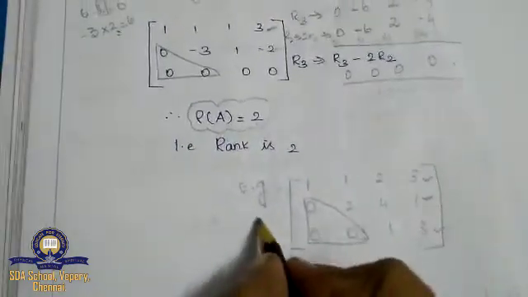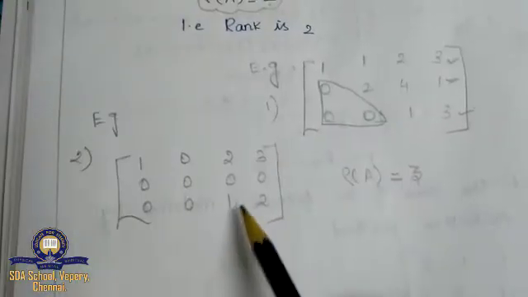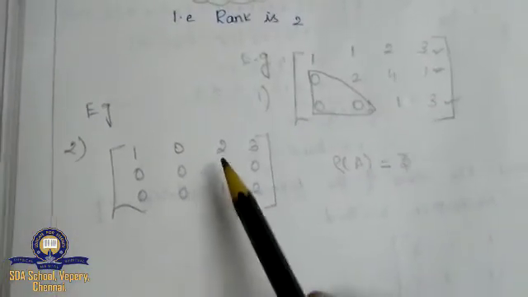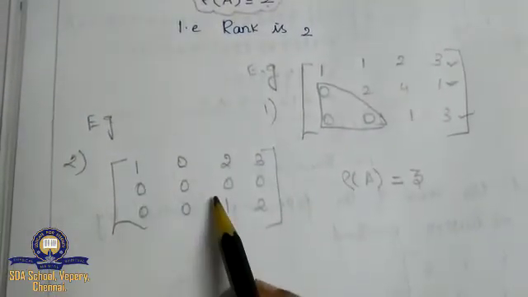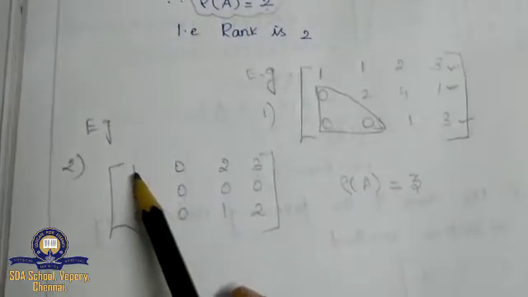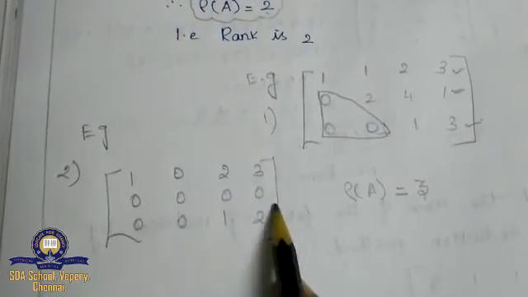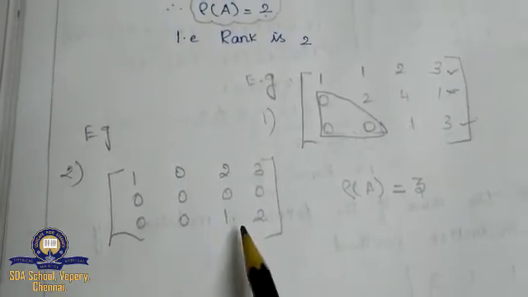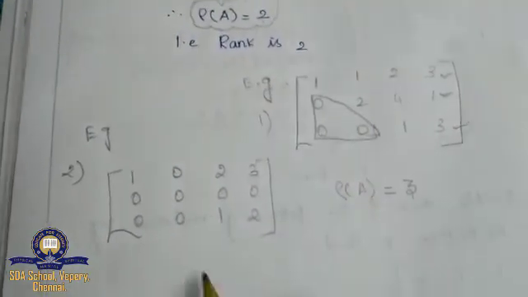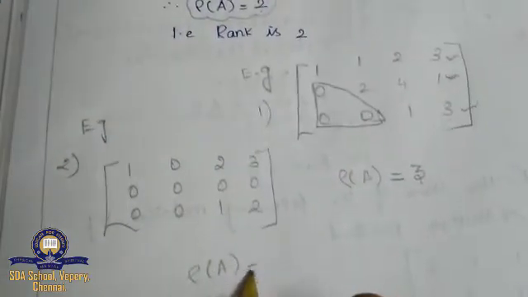And another example, see, this is only an example. Suppose I got 1 0 2 3, 0 0 0 0, and my third row is 0 0 1 2. So what will my rank be?